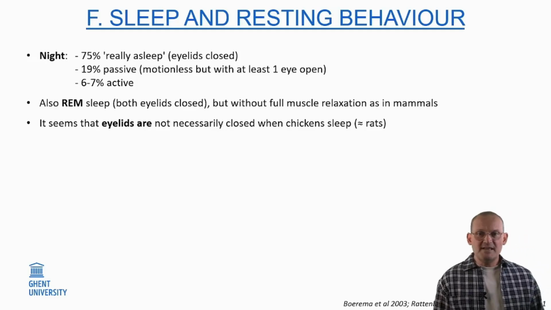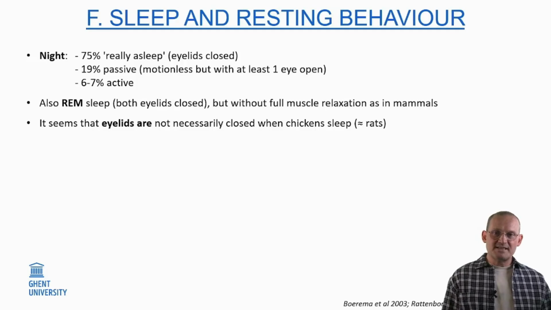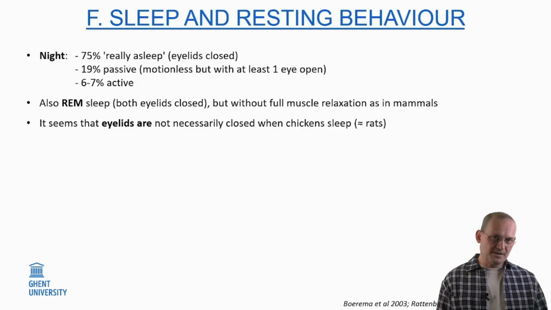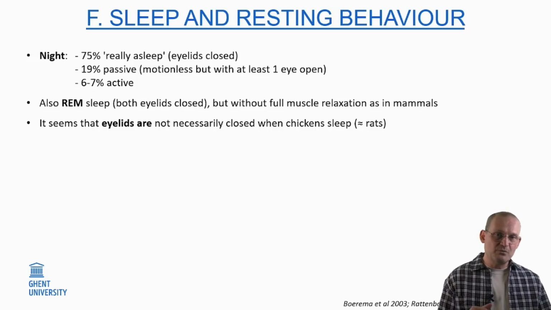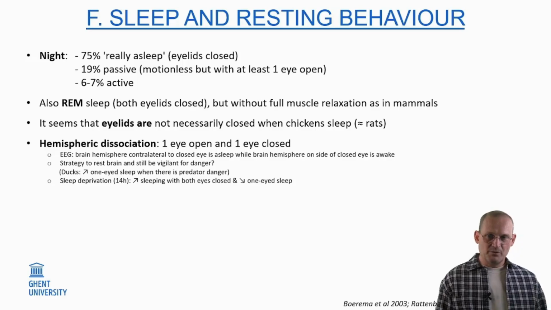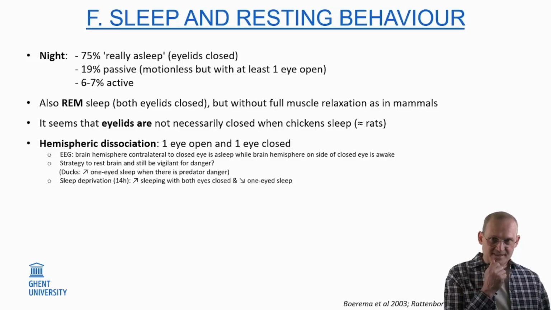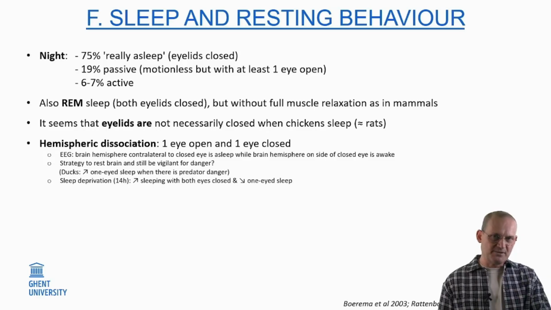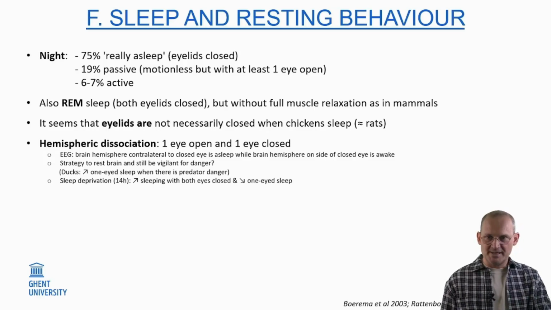It seems that the eyelids are actually not necessarily closed when a chicken sleeps. And that is similar to, for example, rats, which are also able to sleep with their eyes open. And what we also see in chickens is what is called hemispheric dissociation. They seem to be able to sleep with one hemisphere, whereas the other hemisphere is awake.